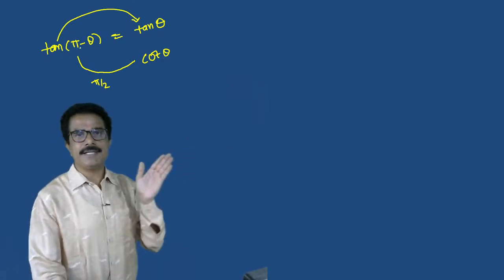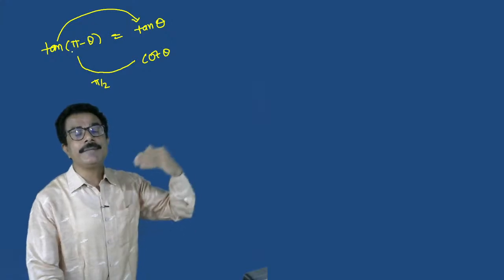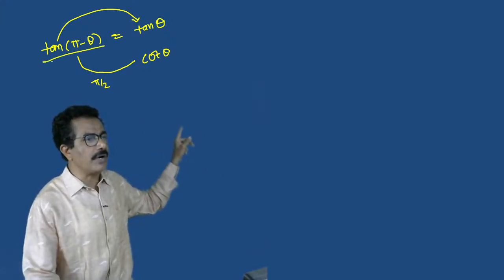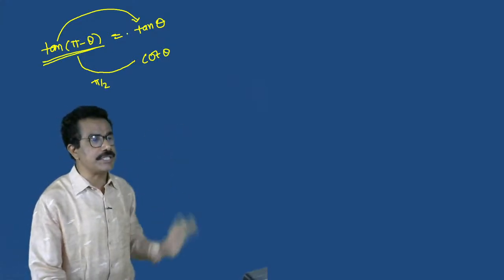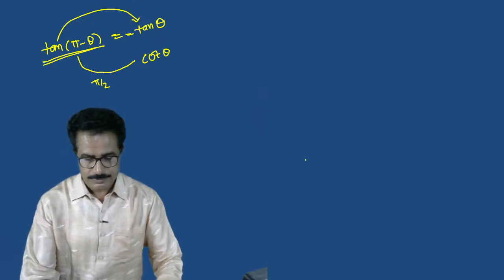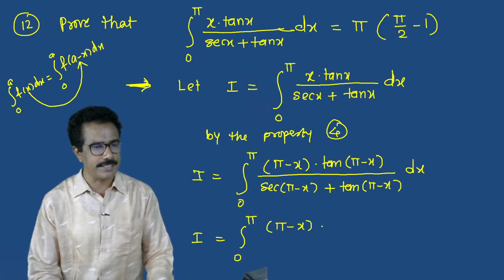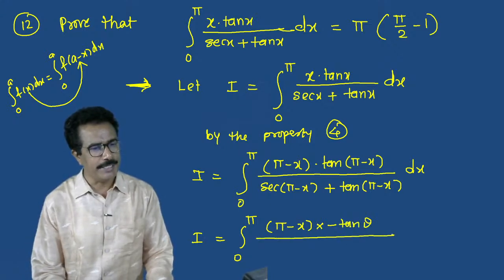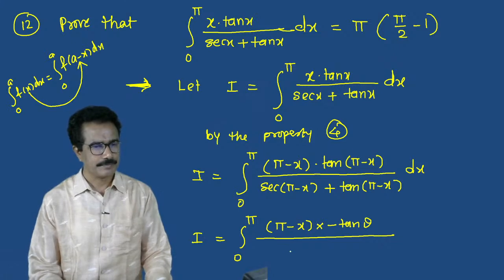Now pi minus theta means 180 minus theta. It is in the second quadrant, and in the second quadrant tan theta is always negative, so we write minus tan theta here, divided by sec theta.